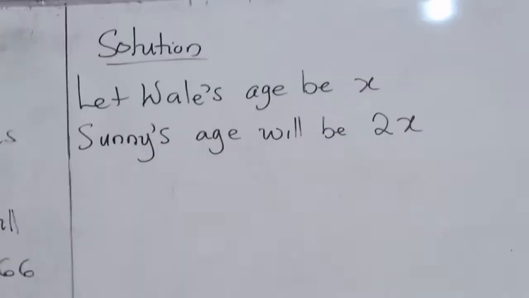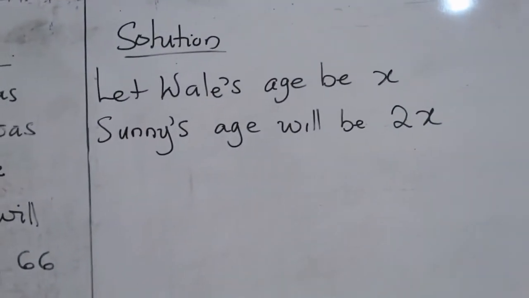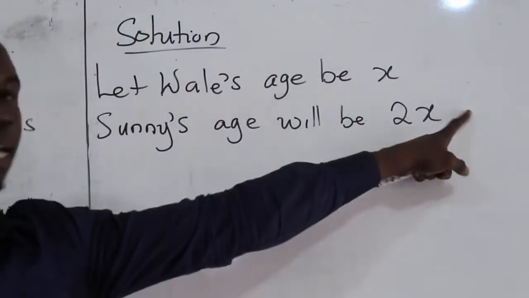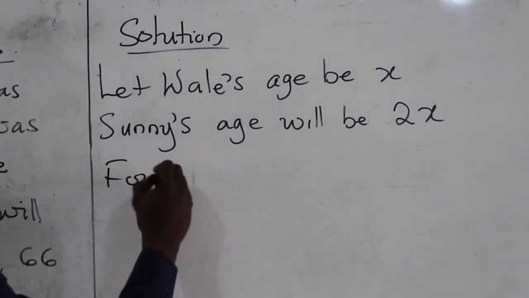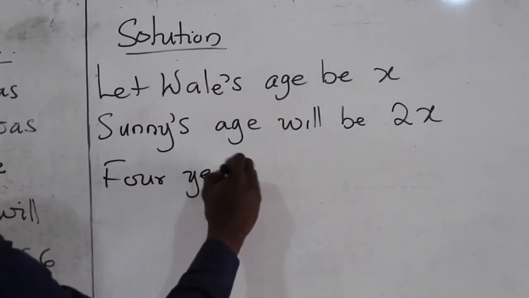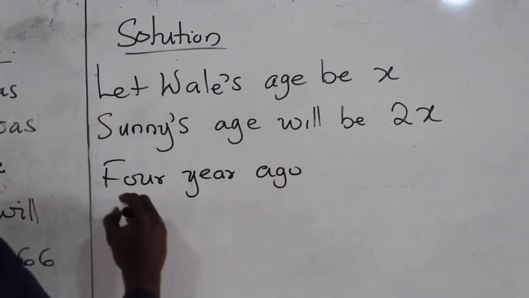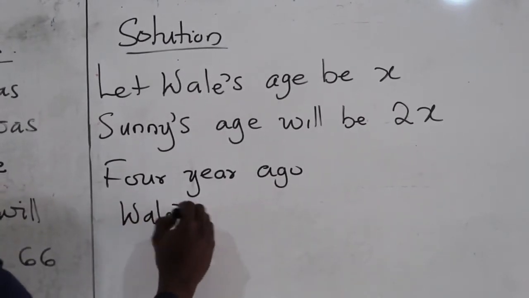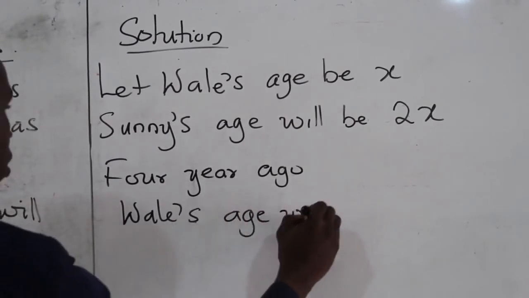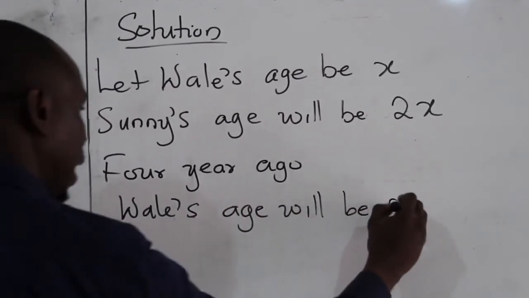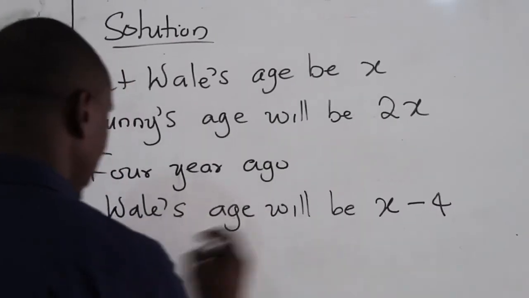So since we are dealing with letters, I have to say that 4 years ago for both of them, I have to subtract 4 from their different ages. So I'll say 4 years ago, Wally's age will be X minus 4.